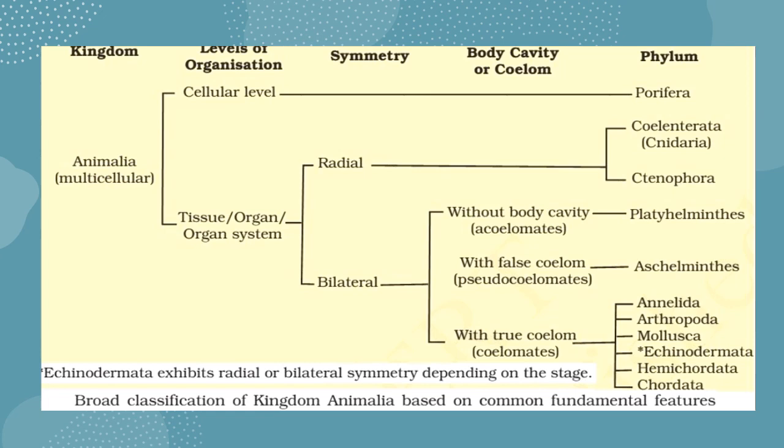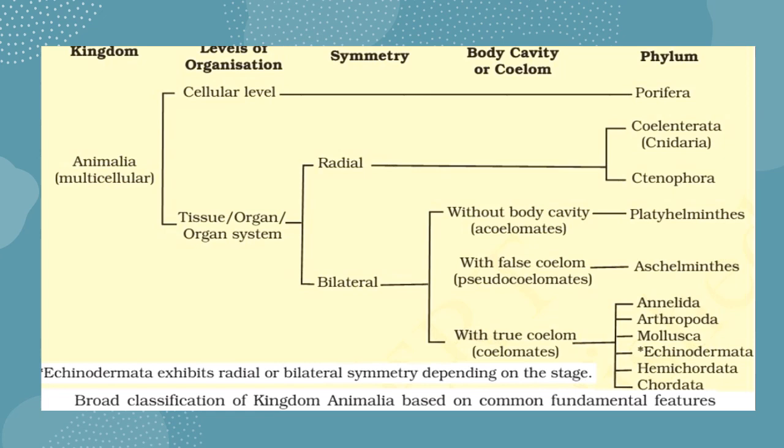Now when many tissues come together and work together, they form an organ. Then when many organs come together they form an organ system, and that is called organ system level organization, or you can say system level organization, correct.